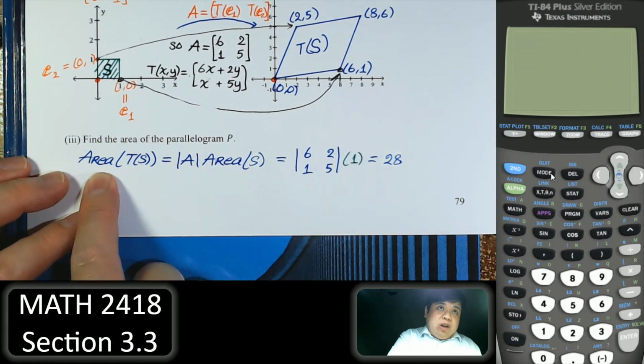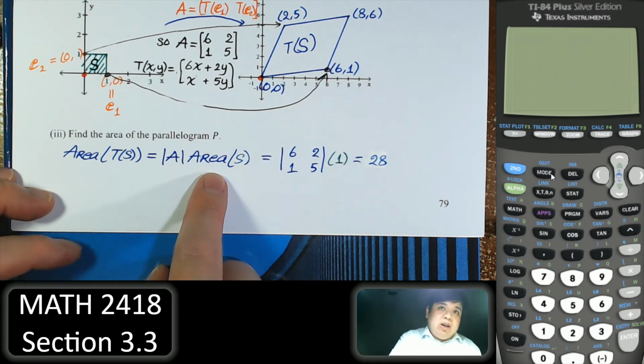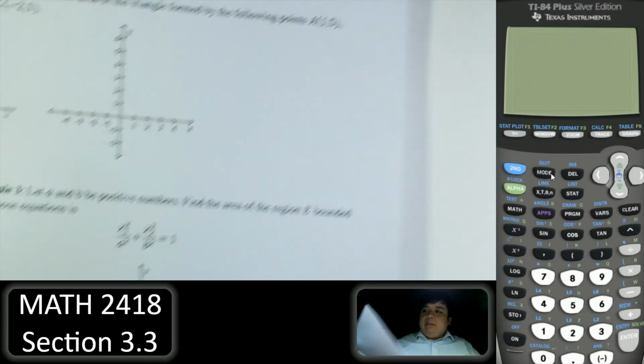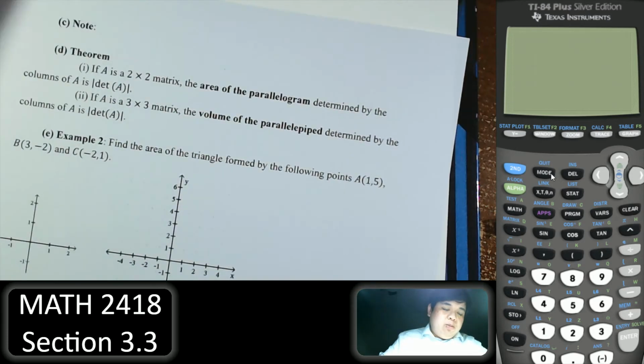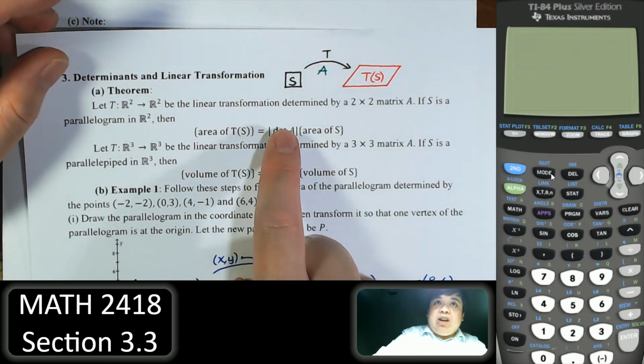The area of the transformed image is equal to the determinant of the matrix of the transformation times the area of the pre-image. Right. The little note here is that remember, the determinant is not enough.